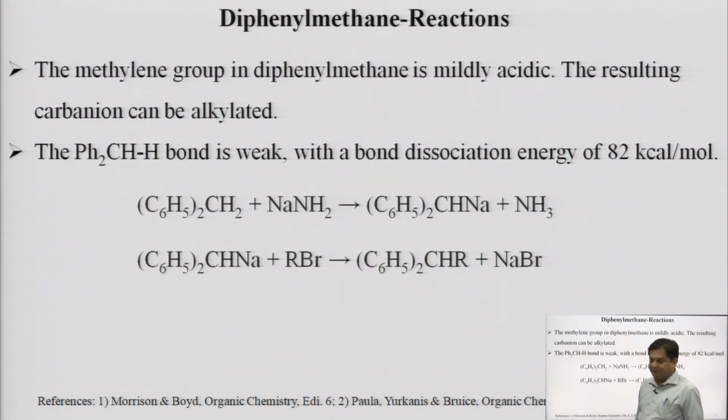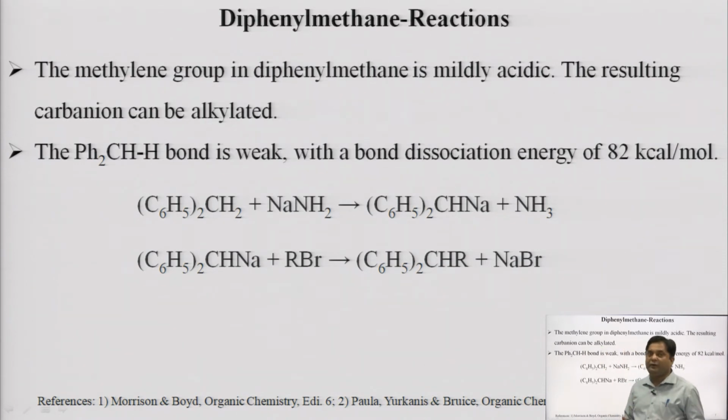Then, as I have told you earlier, the bridge carbon has 2 atoms of hydrogen, the methylene group. Those hydrogens are acidic in nature. So, the methylene group in diphenyl methane is mildly acidic. The resulting carbanion can be alkylated.